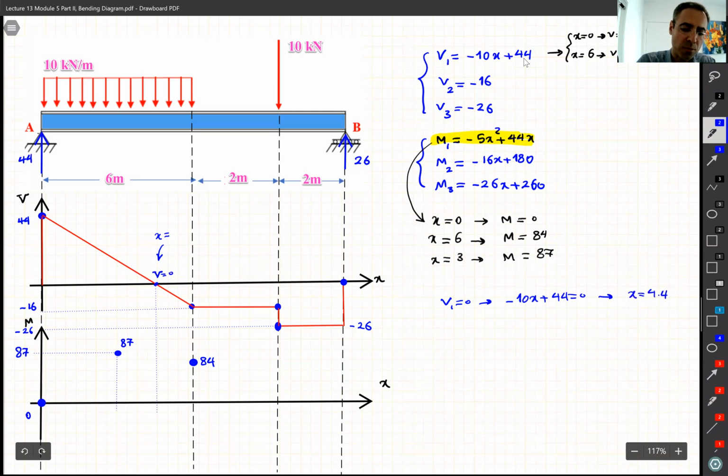So at this point, V is 0. So I put this 4.4 into the M equation, because remember we were looking to see what M is at this point, 4.4. It gives me M equal to 96.8.